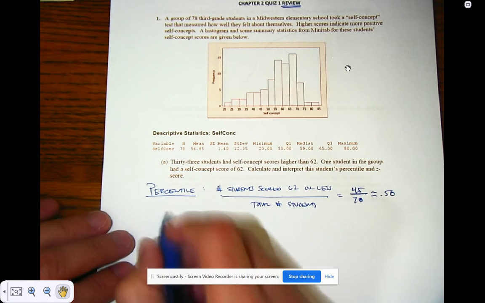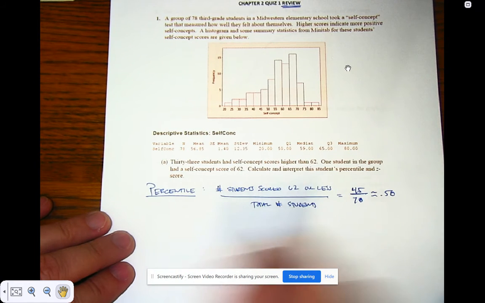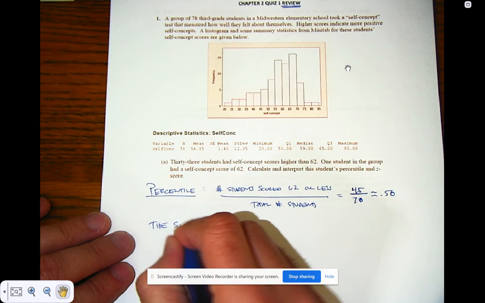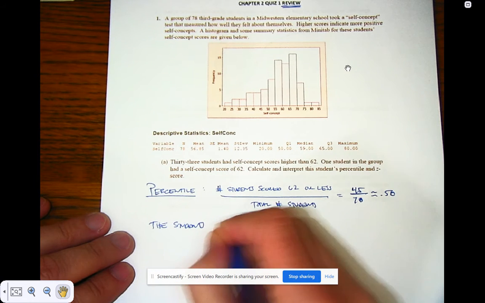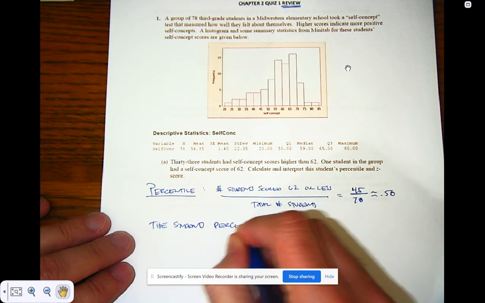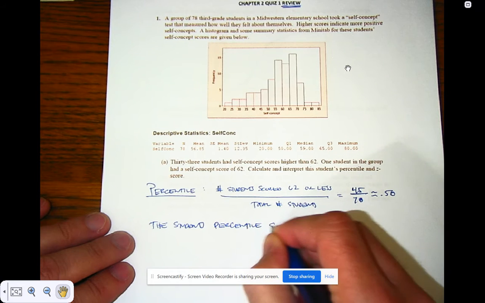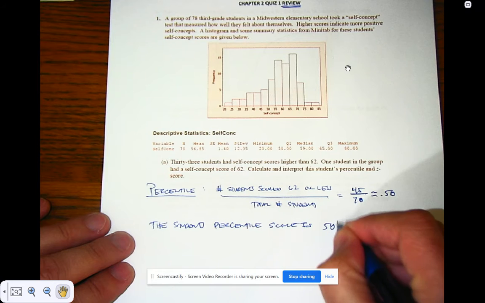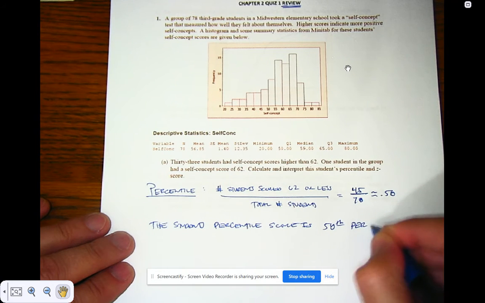Okay, and so you would say the student's percentile score is 58th percentile.